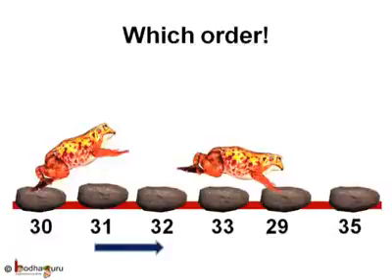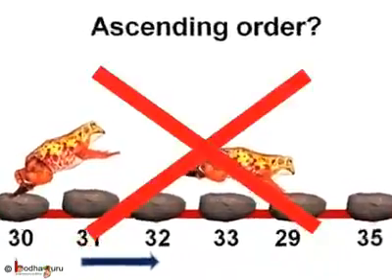But we also need to see the order of in-between numbers. See, 29 is less than 33. But we have placed it after 33. So, its position is not correct.